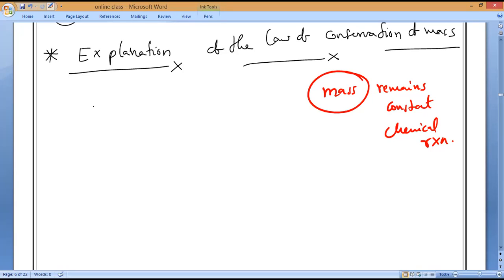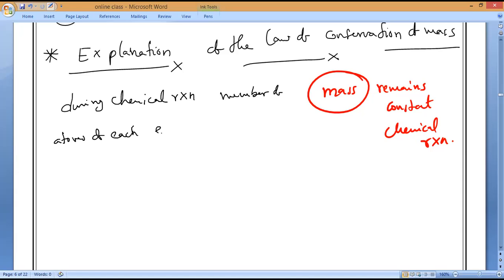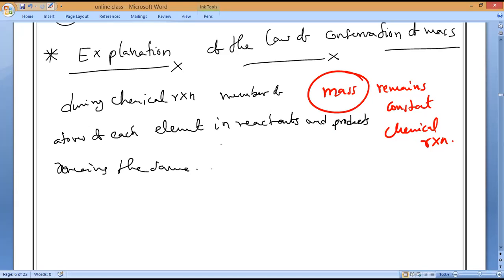During a chemical reaction, the number of atoms of each element in the reactants and products remains the same, because as we know, according to Dalton, a chemical reaction is a what, guys?